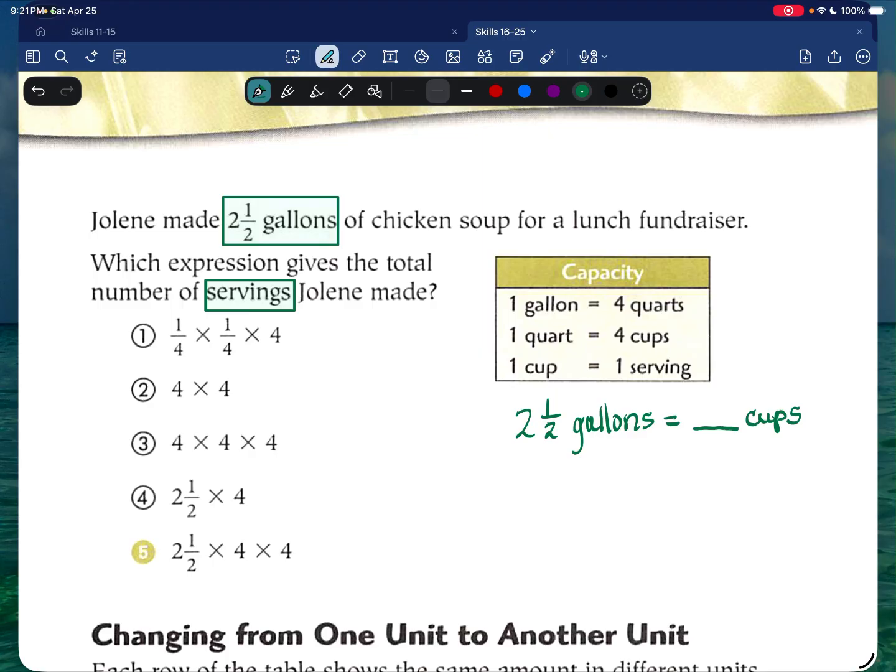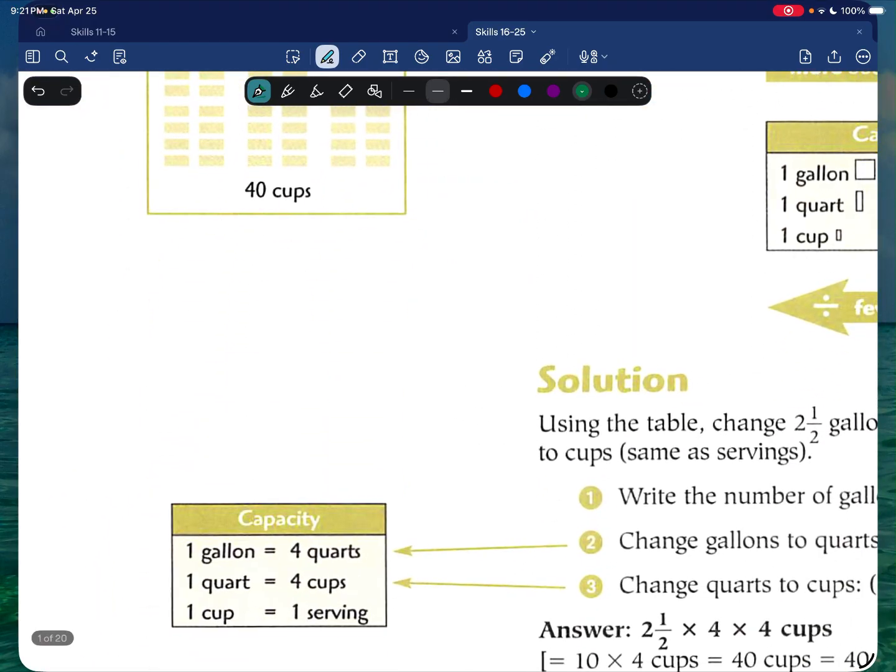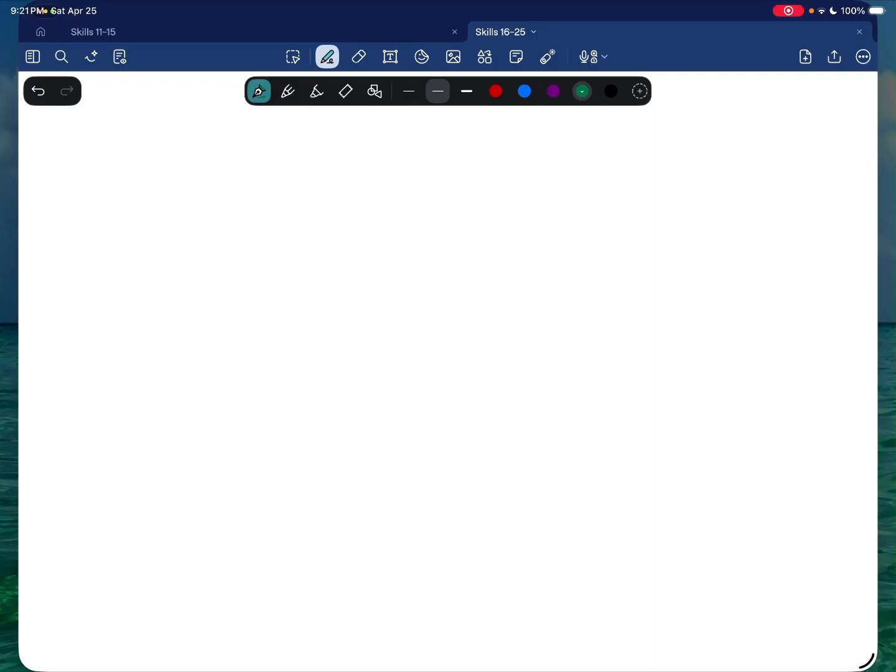Okay, so what I would do, I have memorized my conversions this way. Actually, this is not the way I did it, but this is the way I taught it. I want you to think of this as 1 gallon.